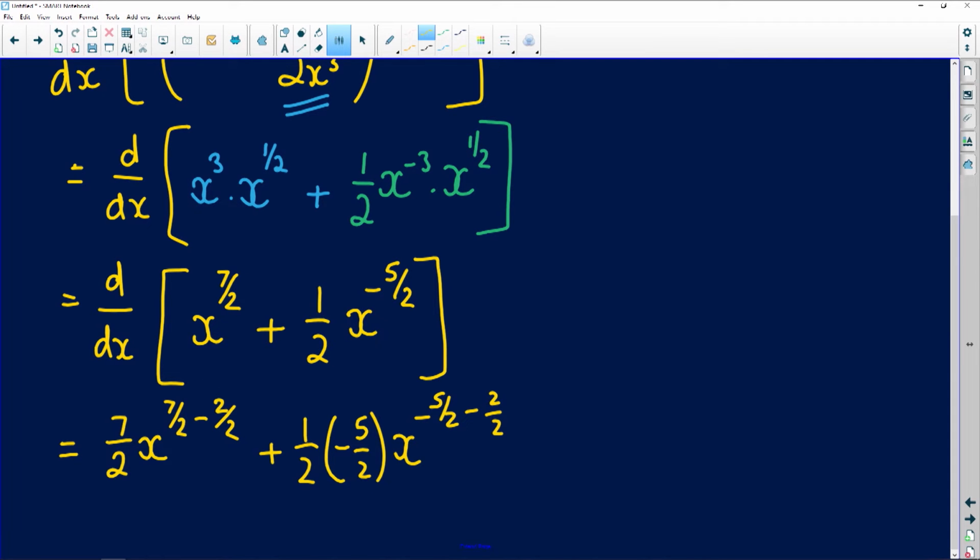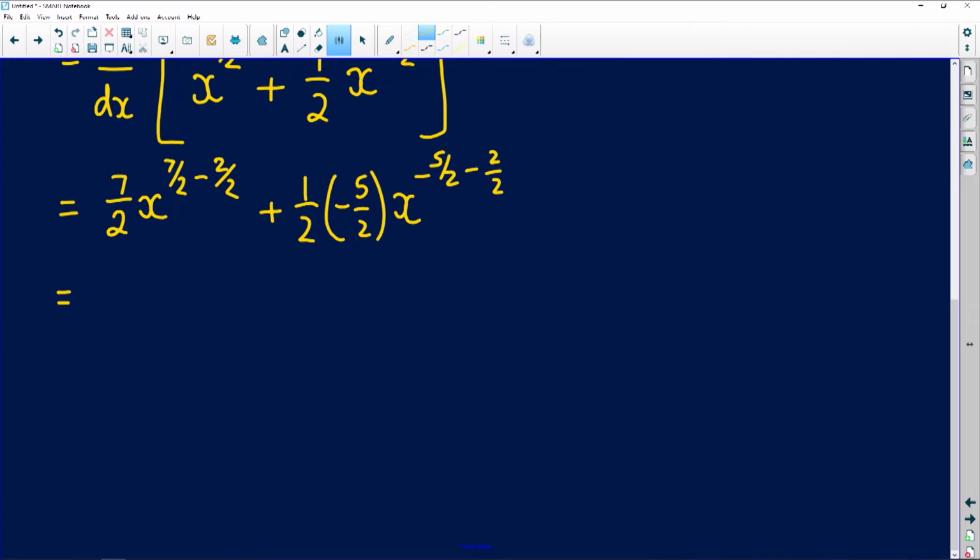You're not going to add 1 there. That's a classic misconception or a classic simple mistake that we make when we work with powers that are negative that we're differentiating. Okay, so all that's left for us is to clean this up quite nicely. We have 7 over 2, x to the power 7 over 2 minus 2 over 2 is x to the power 5 over 2 minus 5 over 4, top times top, bottom times bottom, x to the power minus 7 over 2.